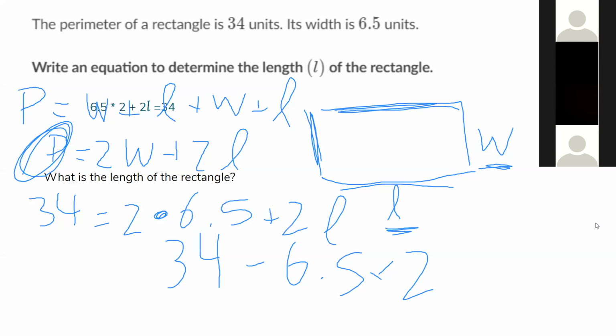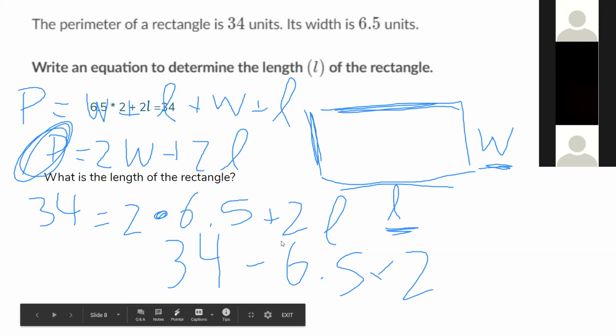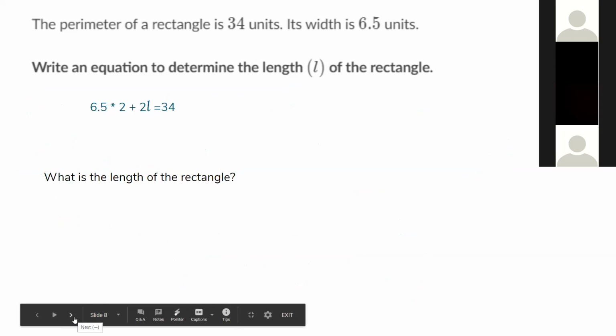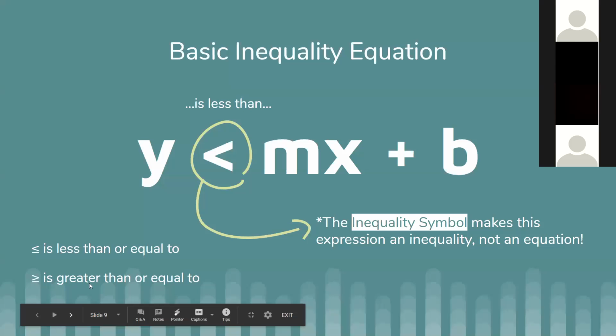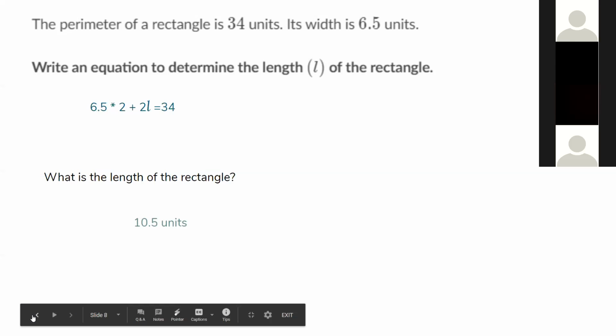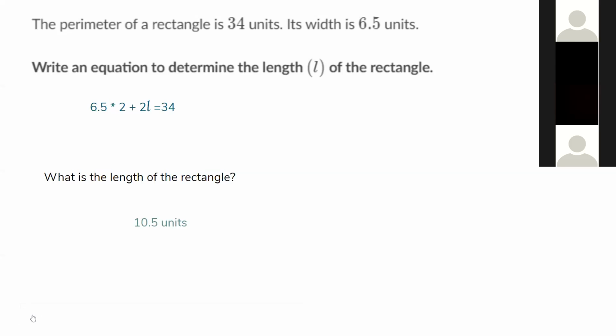So that would be our final equation, and that's the answer right there. So starting with the general formula for the perimeter makes it a little easier. You get the same answer if you just think about it, but it's just another way to look at it. And then obviously you can move stuff over and find the answer to that. Does anyone have any questions about that?